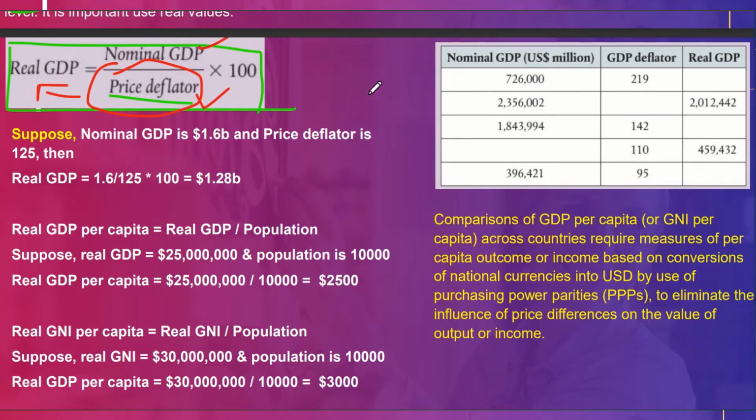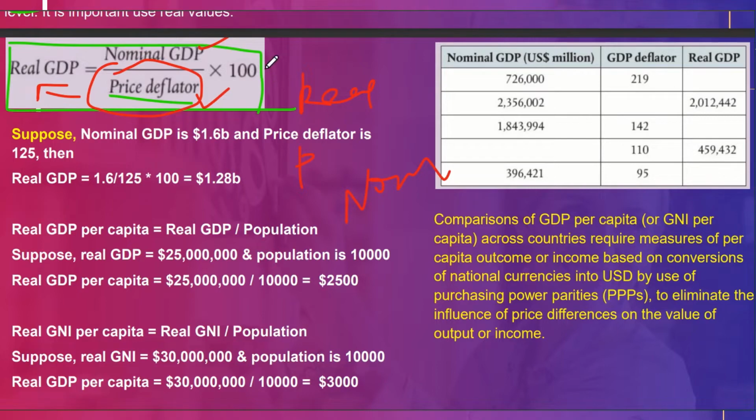Or they will give real GDP data and price deflator data and ask us to calculate nominal GDP. Or they will give both nominal GDP and real GDP data and ask us to calculate the price deflator. So please remember this formula: real GDP equals nominal GDP divided by price deflator into 100.